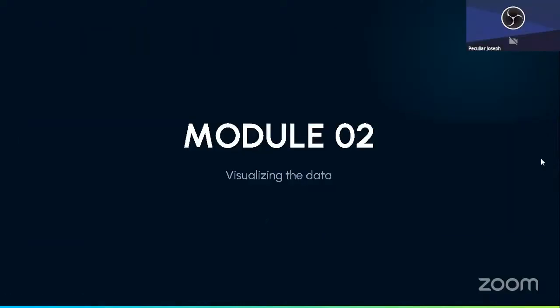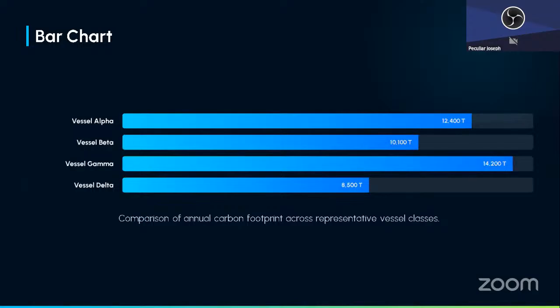So now the next thing we want to talk about is visualizing our data. When we want to visualize our data, there are different charts we can make use of. This is an example of a bar or column chart. Like this, it is called a column chart, but it can also be referred to as a bar chart. Our bar charts or column charts are mainly used for comparison.